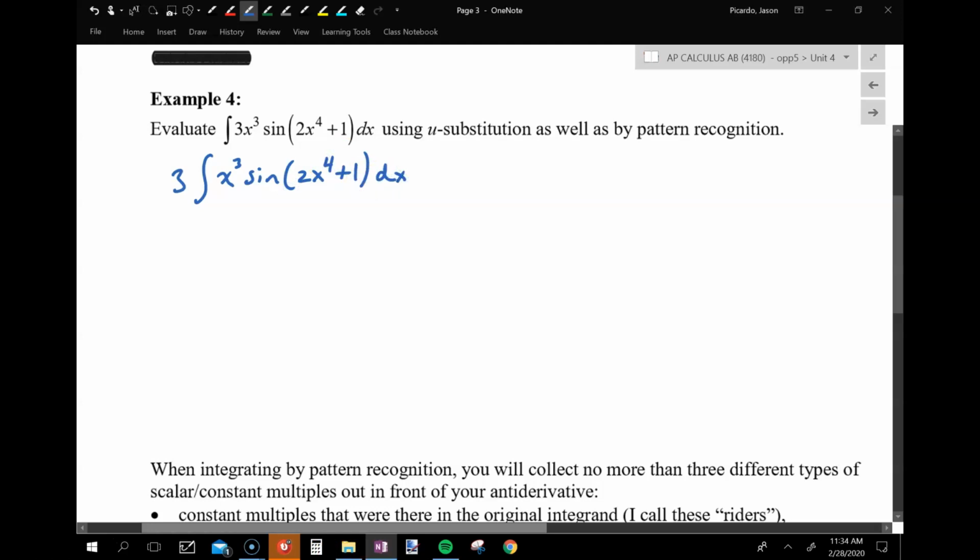All right, and you guys suggested that we want to use 2x to the 4th plus 1 as our u. Well, the derivative of that is 8x to the 3rd.